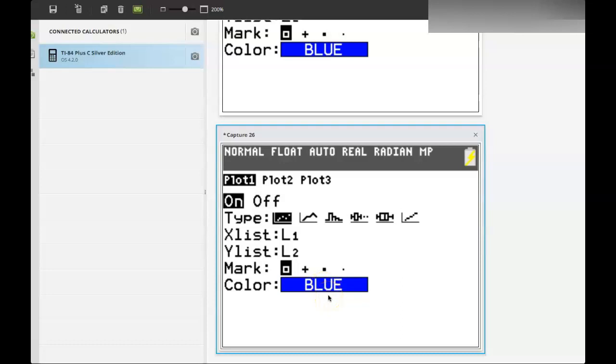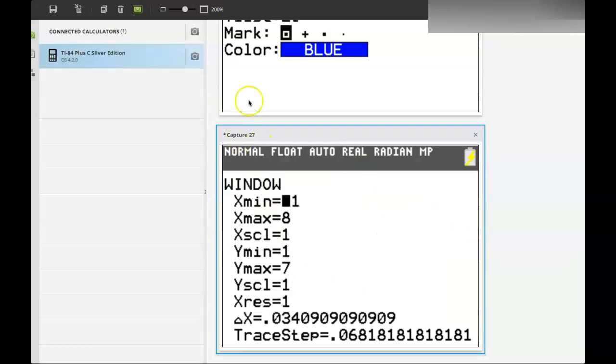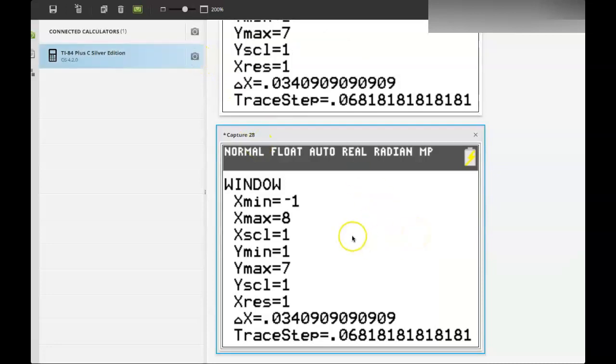Then press window, on the first row on top of your calculator. Since the smallest number for x was 0, I chose -1. The greatest one, based on the table, is 6, so I'm choosing 8. So this is our interval, -1 up to 8.